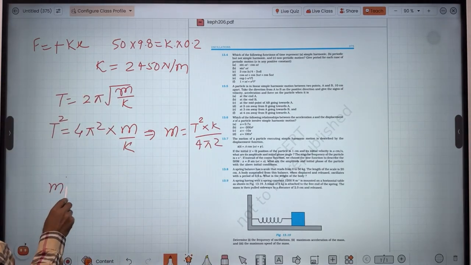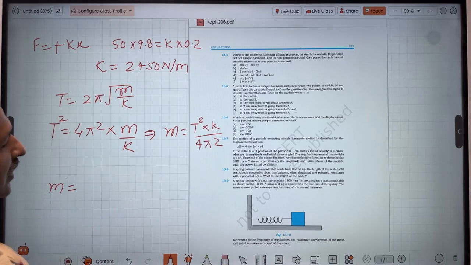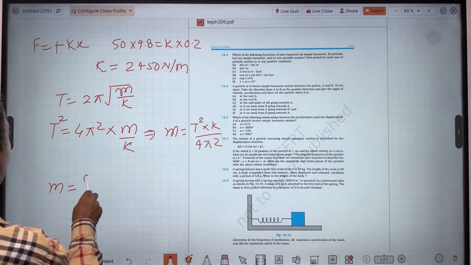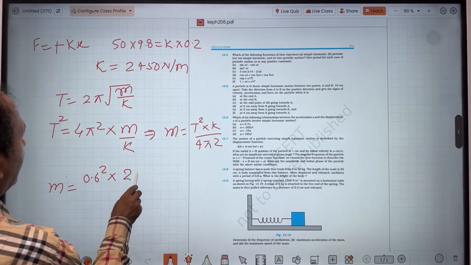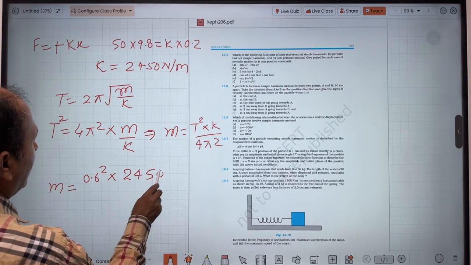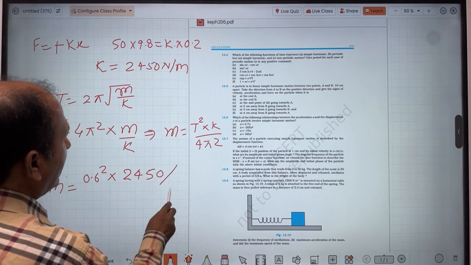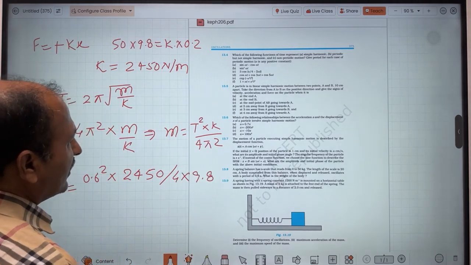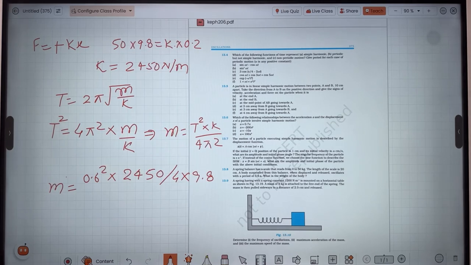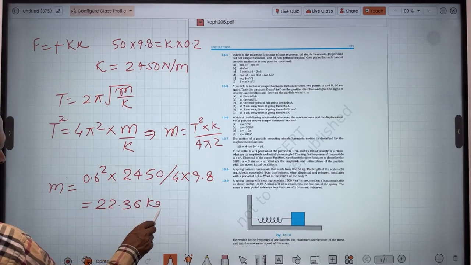So let's put the values. M equal to T square. Time period is given as 0.6 square, into the spring constant we have found as 2450, and divided by 4 times pi square, which is almost 9.8. We can evaluate it. So it will come out to be 22.36 kg.